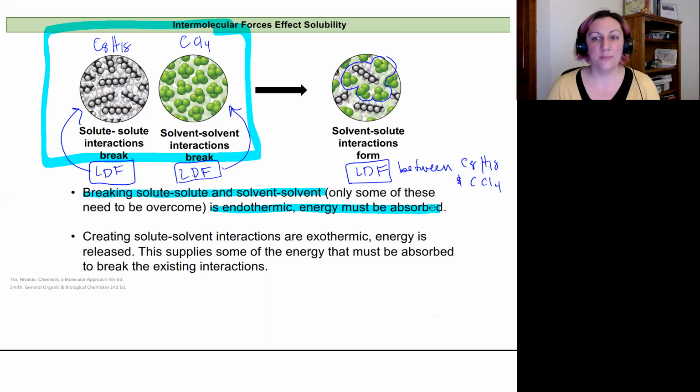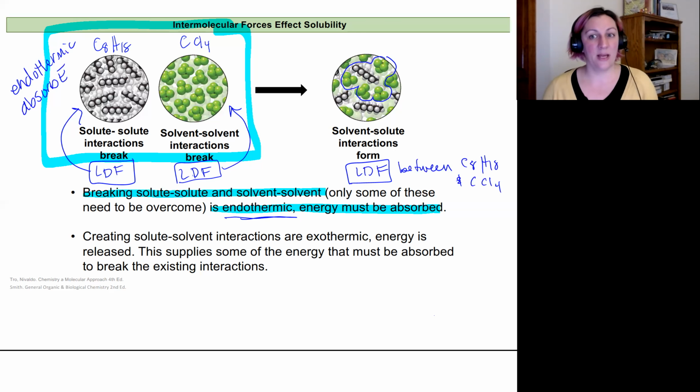And that's going to be a process that requires energy. To break the attraction between two particles, we have to input energy into that interaction to break it. So this is going to be an endothermic process. It means it's going to absorb energy.